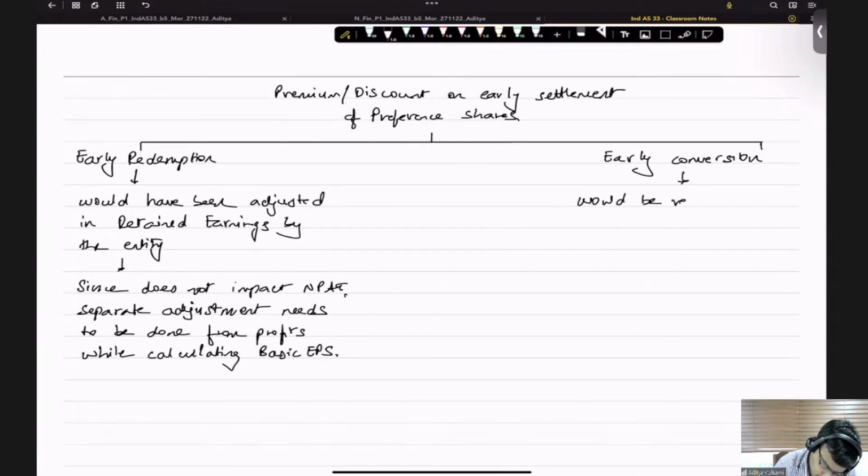And early conversion would be regarded as finance cost in the statement of P&L.